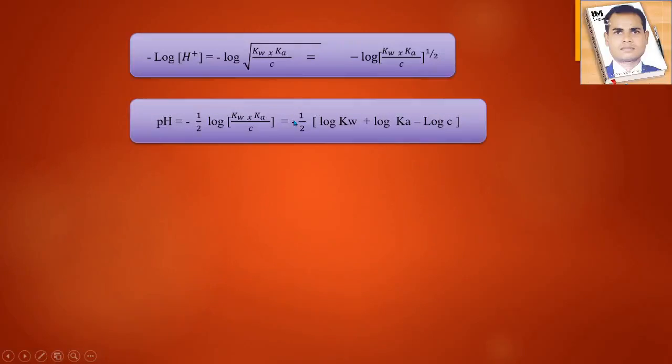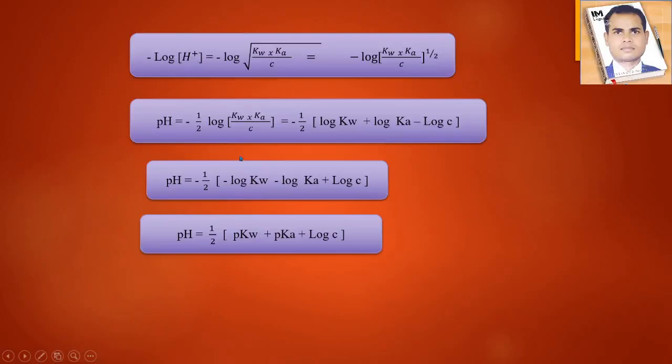So now you will get pH equals minus half log (Kw into Ka divided by C), which equals minus 1 by 2 (log Kw plus log Ka minus log C).